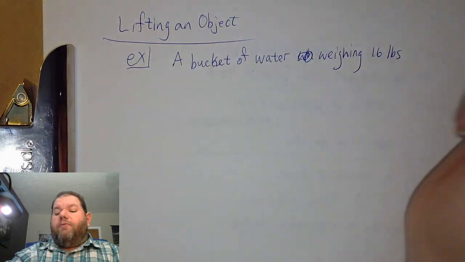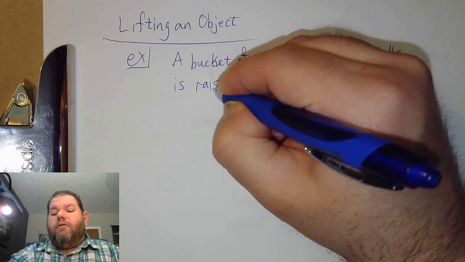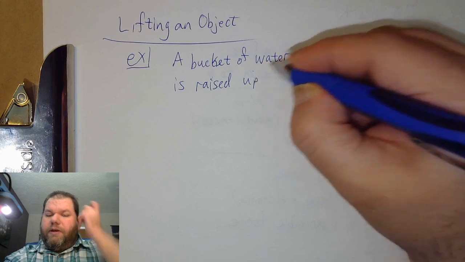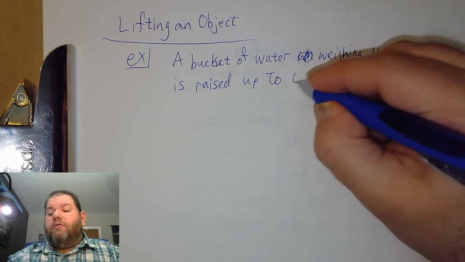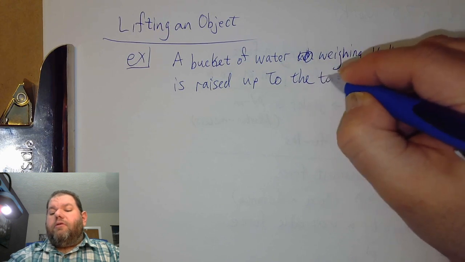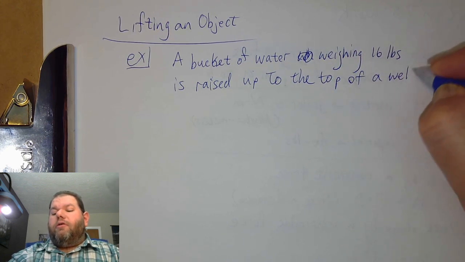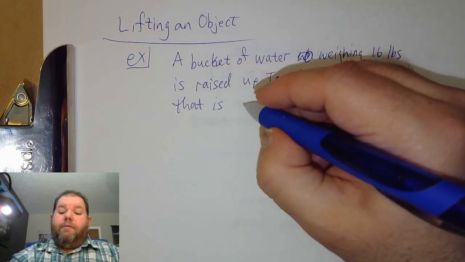So a bucket of water weighing 16 pounds is raised up to the top of a well that is 50 feet deep.